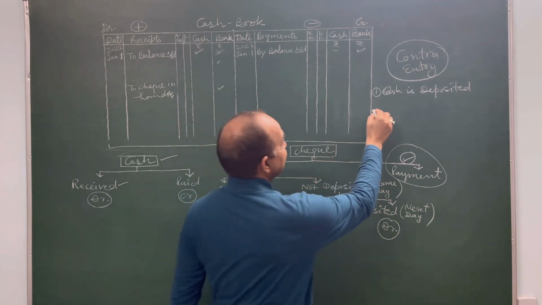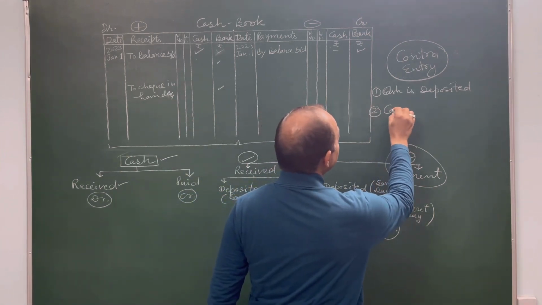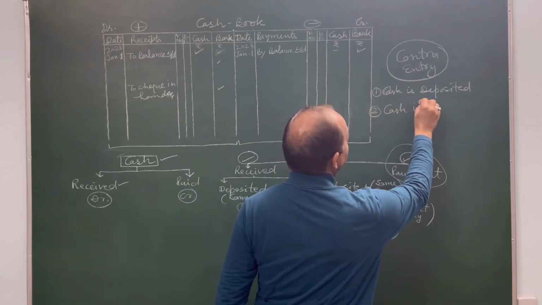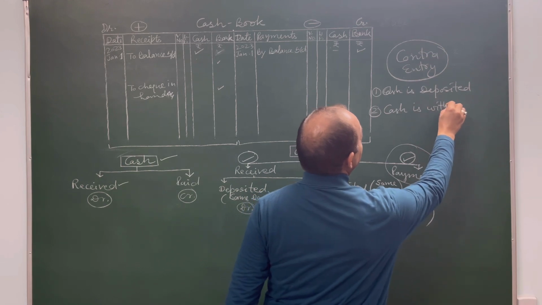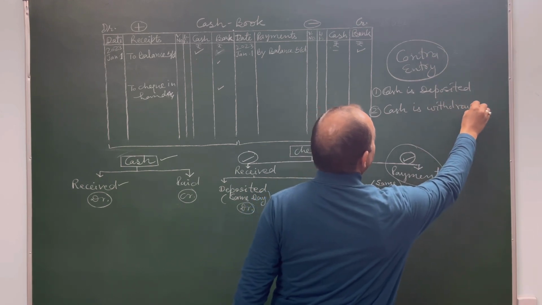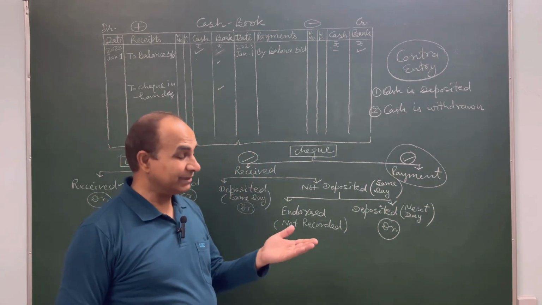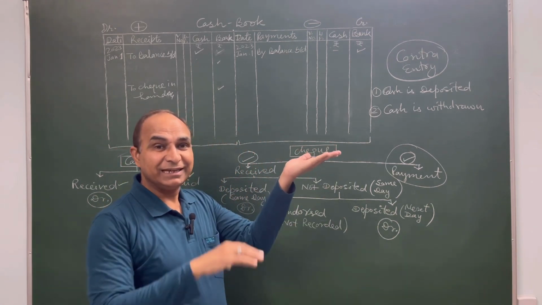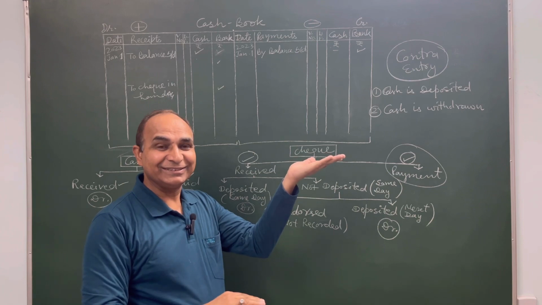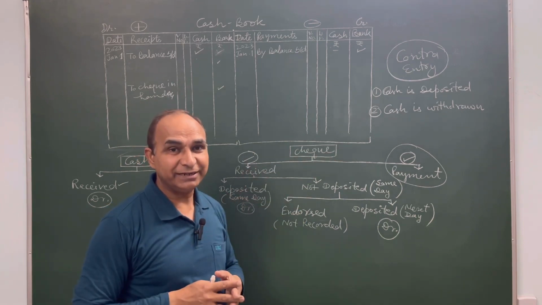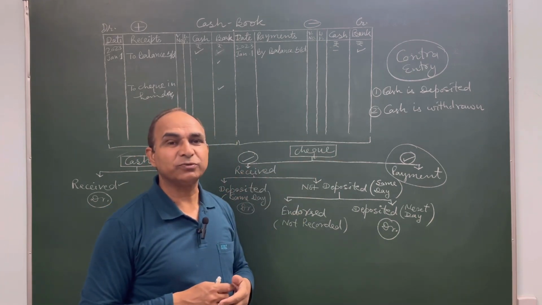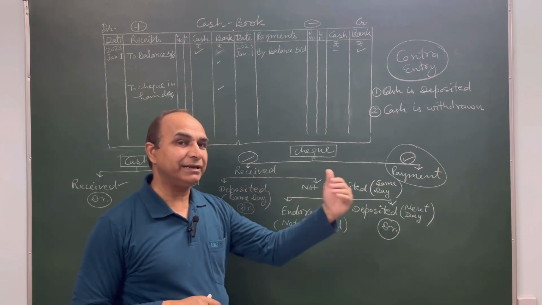And the second case is when cash is withdrawn from the bank for office use. In that case, cash balance increases and bank balance decreases. So this is called contra entry, and its numericals you can see in my next videos.